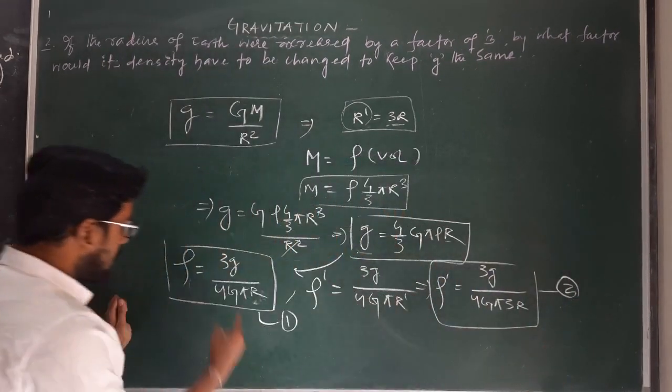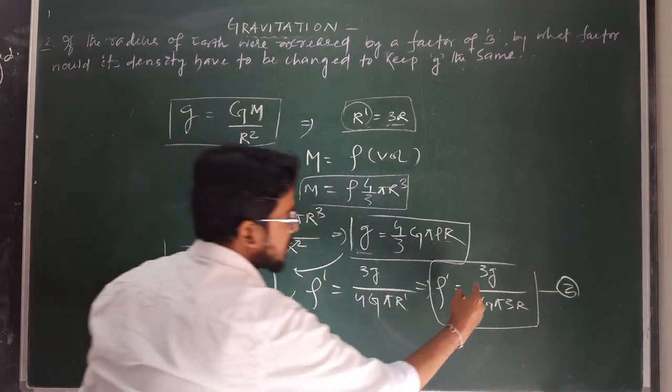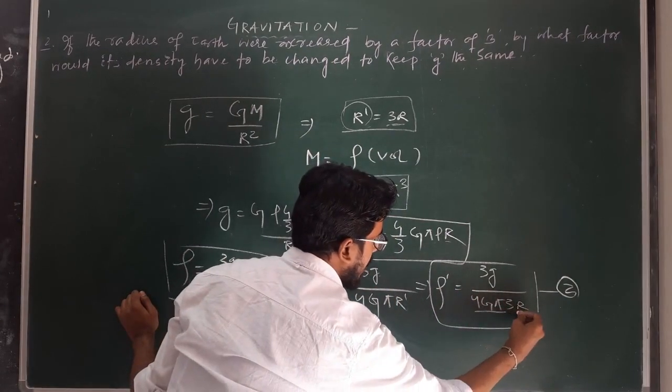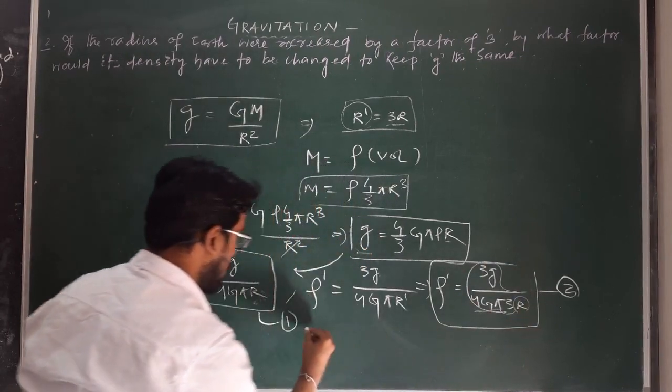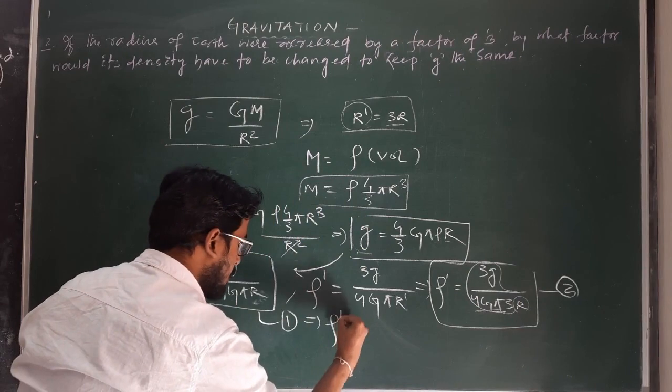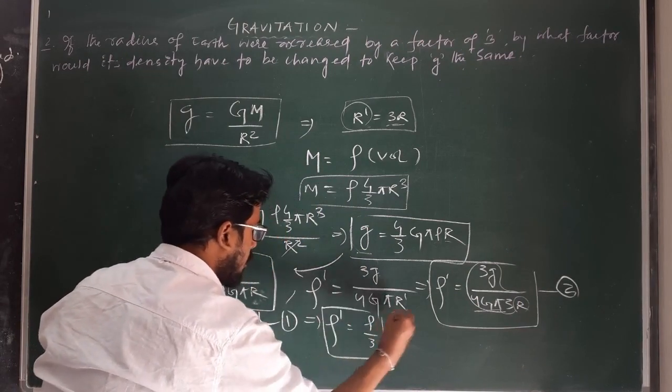We will get what? 3g by 4 G pi r is equal to rho. So in place of 3g by 4 G pi r, I can write rho. So this implies you will get what? Rho dash equal to rho divided by 3. Clear?